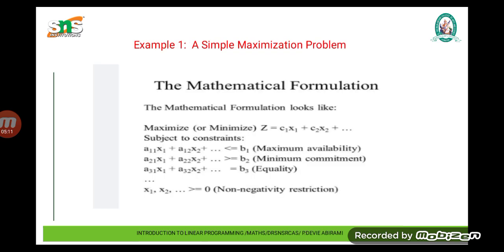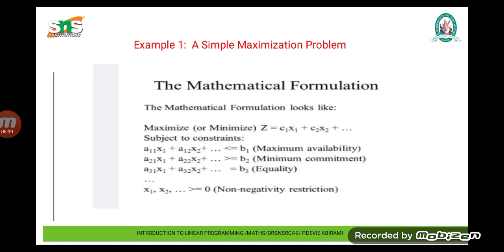A simple maximization problem is given. The mathematical formulation will look like this: the objective function is maximize or minimize Z equals c1 x1 plus c2 x2, that is nothing but a constant times x, where x1 and x2 are the decision variables. Subject to the constraints, which may be maximum availability, minimum commitment or equality, considered by the following three inequalities.